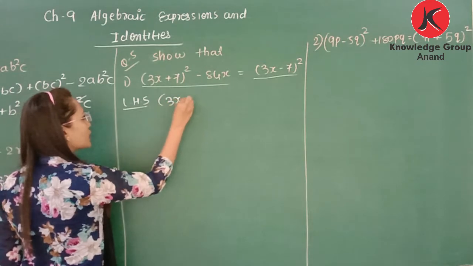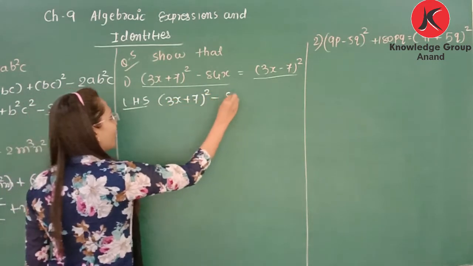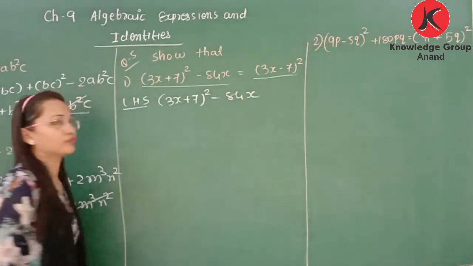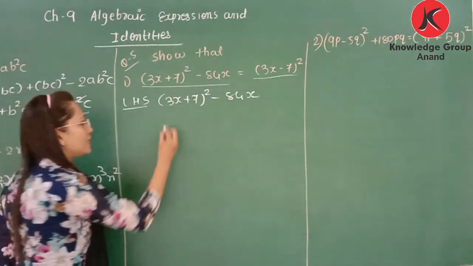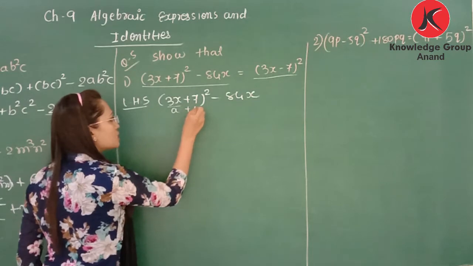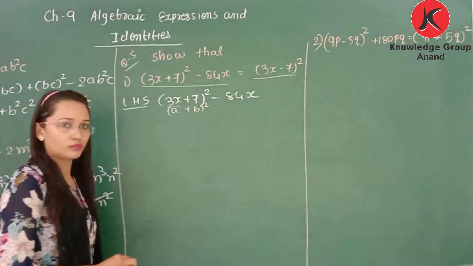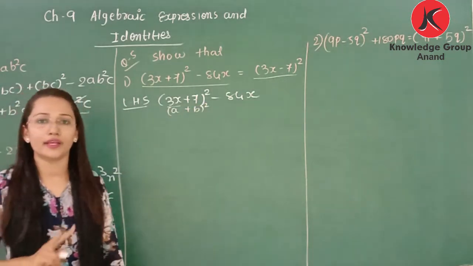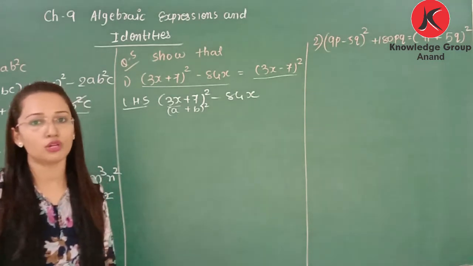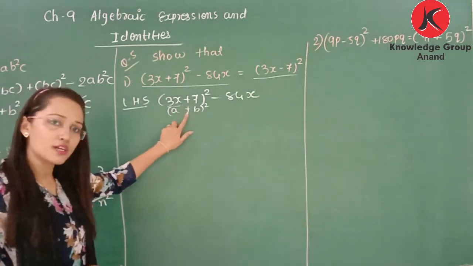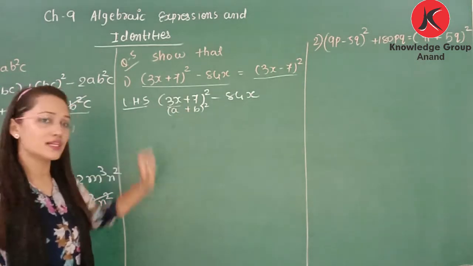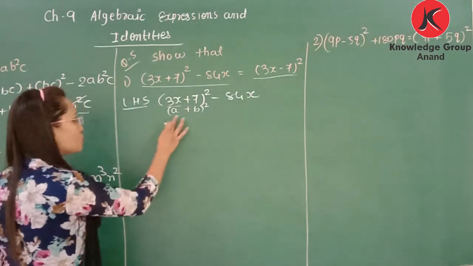First we have (3x plus 7) whole square minus 84x. Now (3x plus 7) whole square is (a plus b) whole square. There are only two identities with whole square, (a plus b) whole square and (a minus b) whole square. If it is a plus sign, then first identity, and if it is a minus sign, then second identity. So let's simplify.